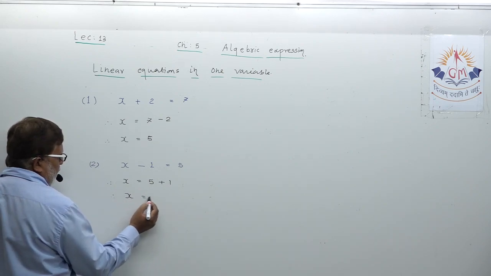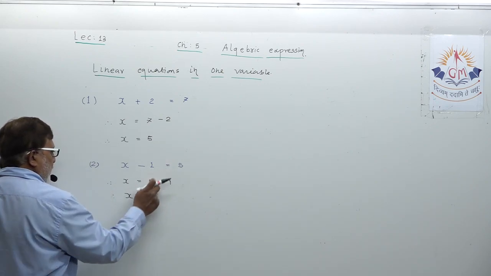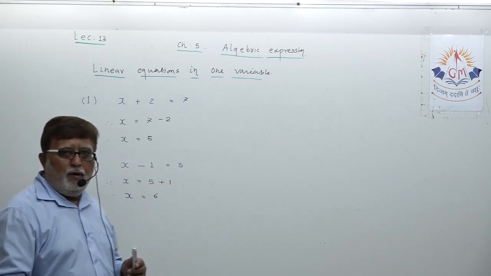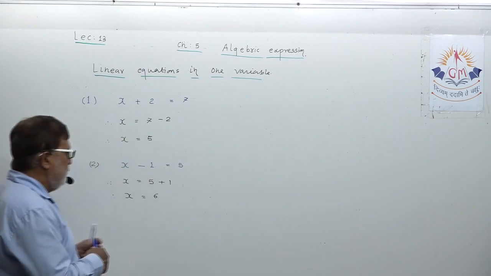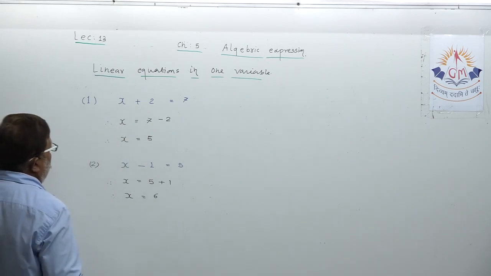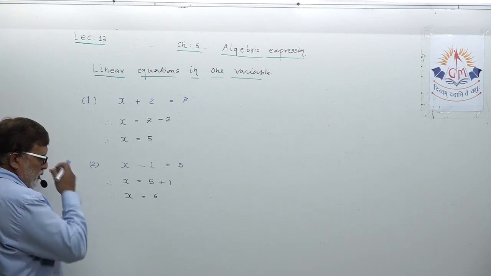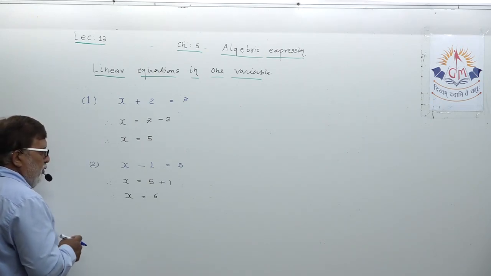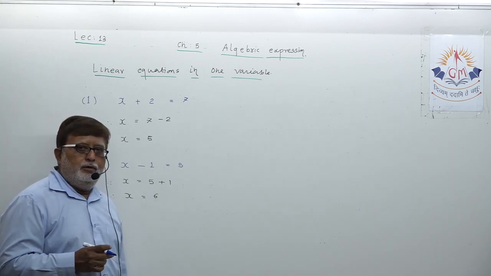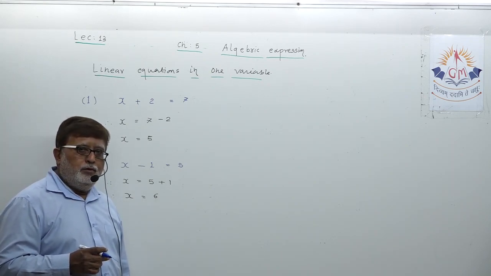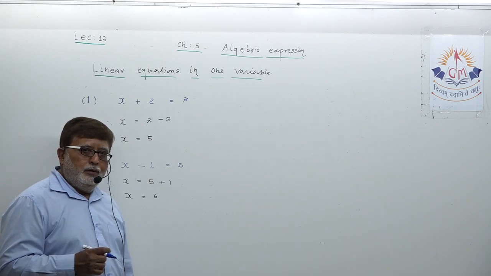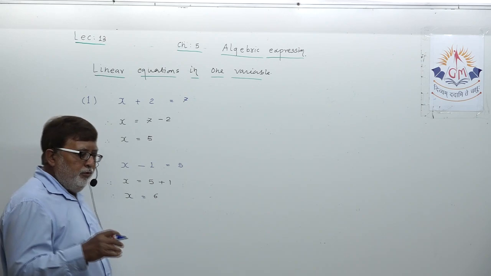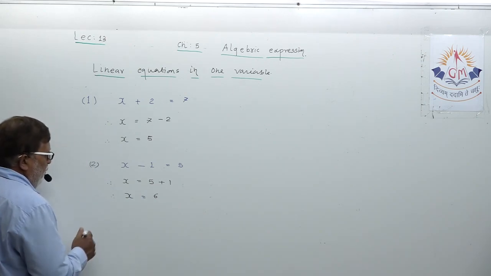Therefore, x equal to 6. 5 as it is, and minus 1 is transferred. Understood? In today's lecture, we'll take some simple linear equations not involving the taking of LCM. You will come to know as we move ahead.